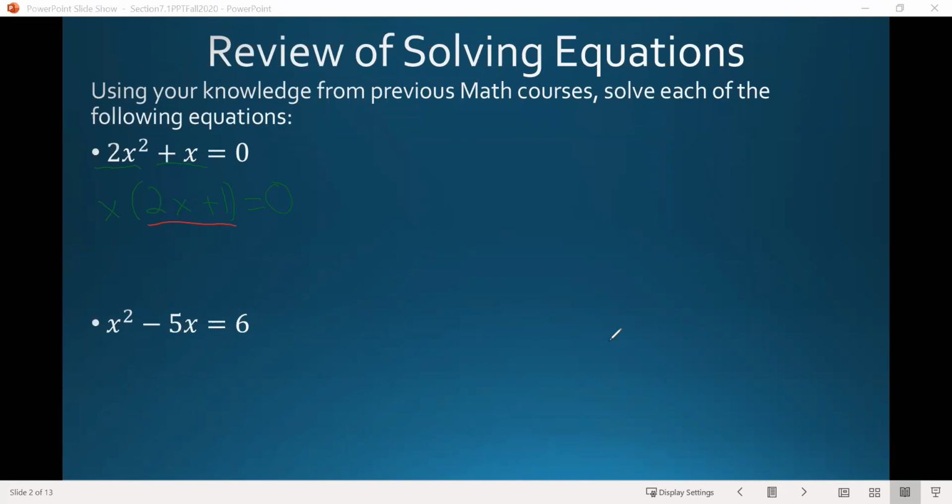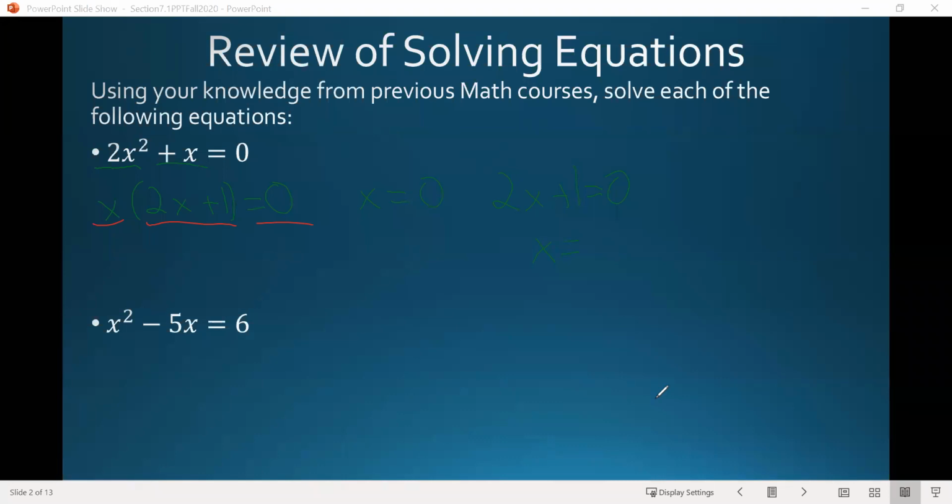Because we have two things being multiplied to equal 0, we can set up two equations: x equals 0, and 2x plus 1 equals 0. Solve each of those.